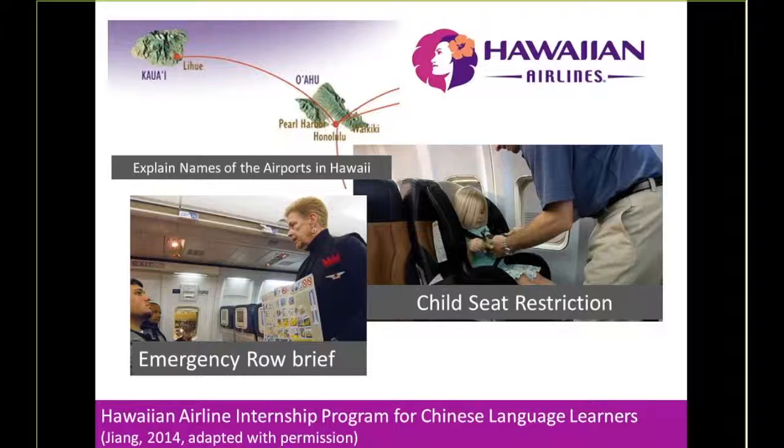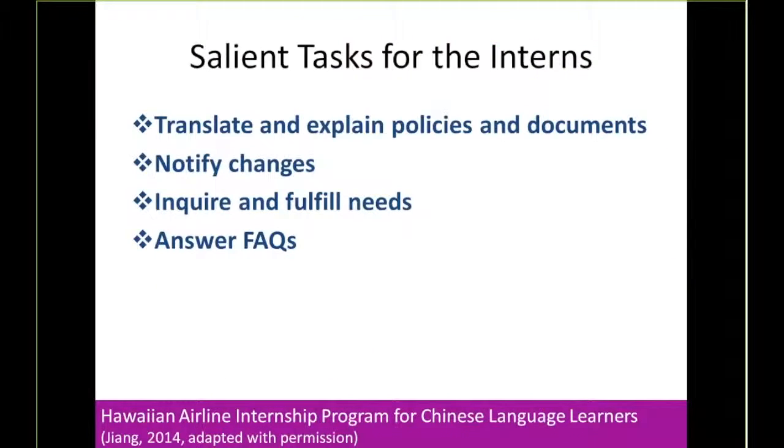And they do these different things, telling the Chinese travelers about the rules and regulations. So if we look at this task at first sight, these are the salient things that interns have to do: translate, explain, notify, inquire, answer questions.